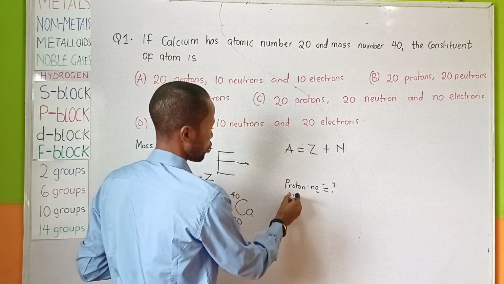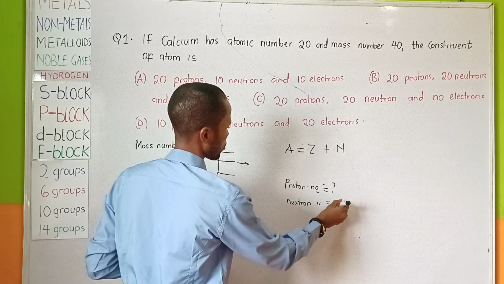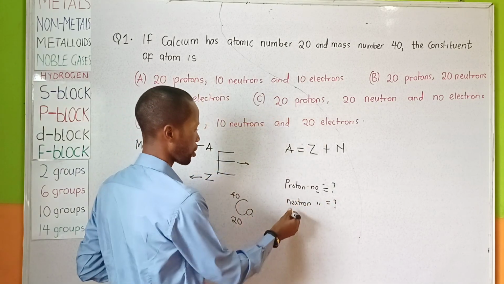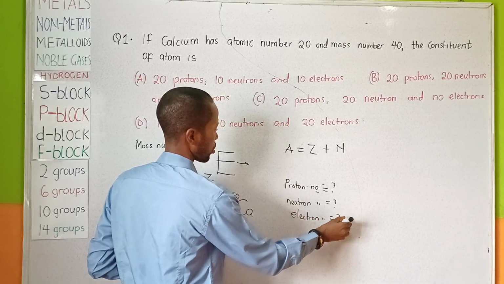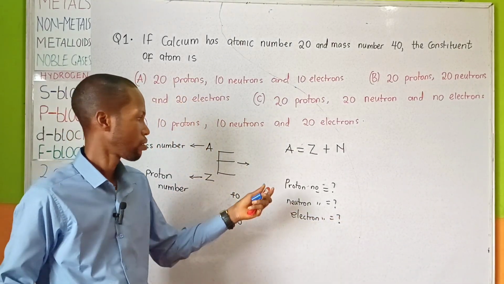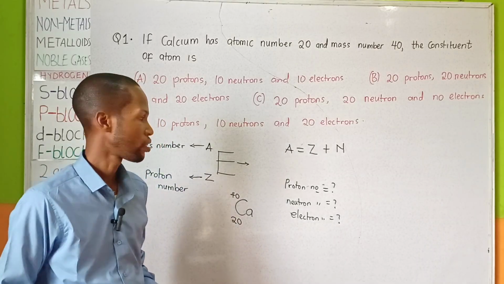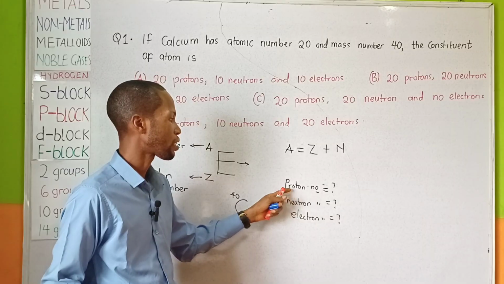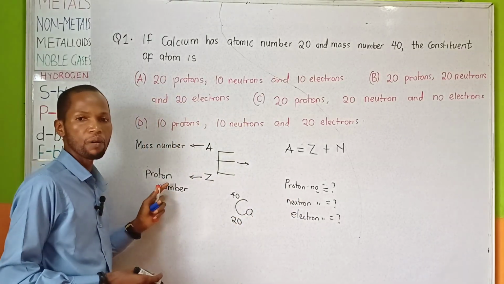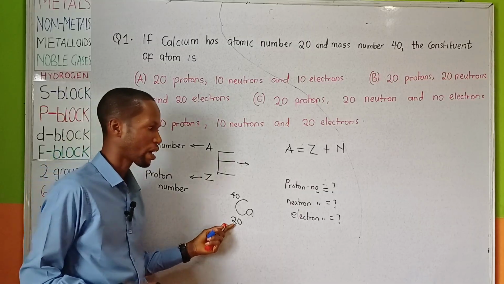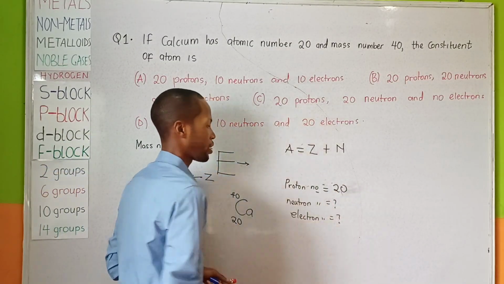We need to determine the neutron number of this isotope of calcium, unknown, while the electron number is not given as well. So we have to determine three parameters right here: proton, neutron, and electron number. The proton number is equal to the atomic number of an element. So the proton number is equal to 20.